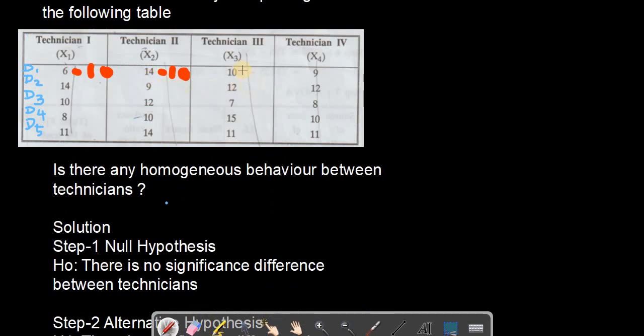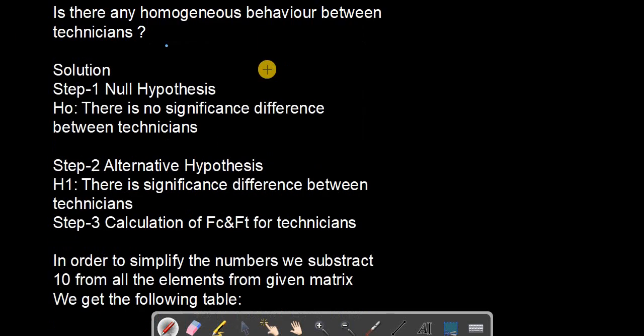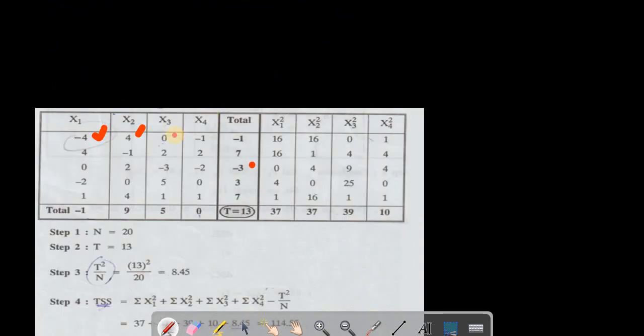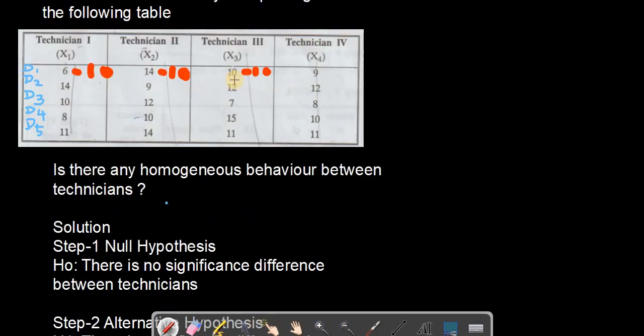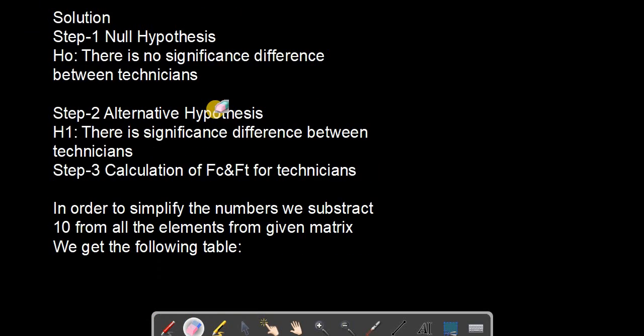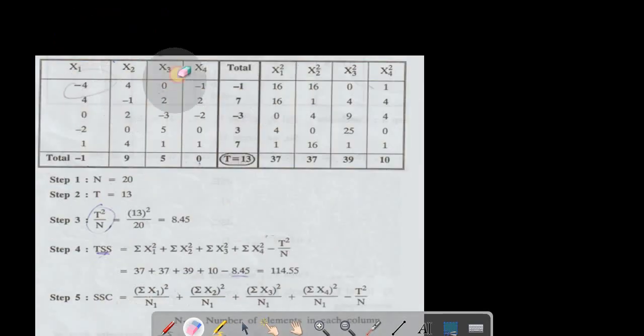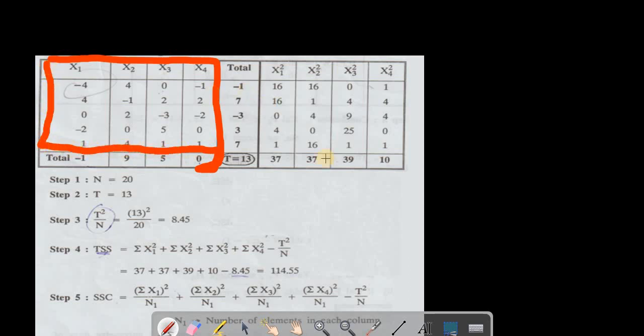Similarly, here 10 minus 10 is 0. Like that, I have to subtract 10 from all of them. I will get a new table like this. This is the new table I will get.